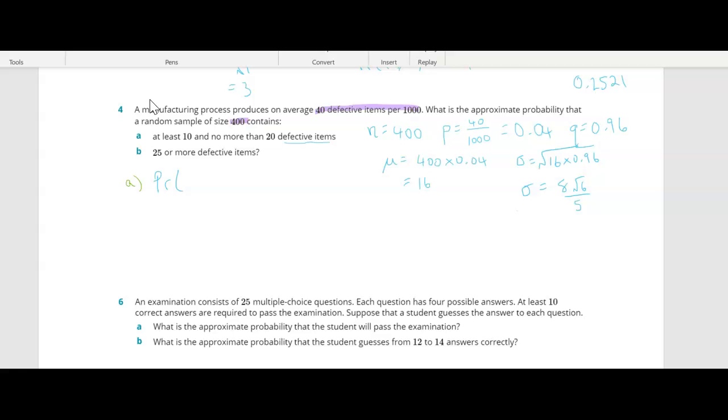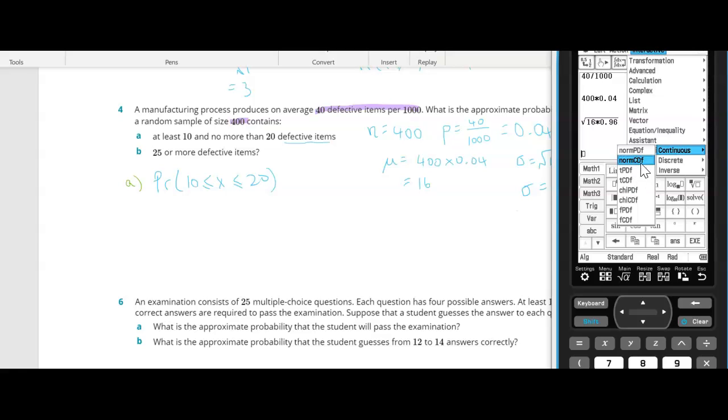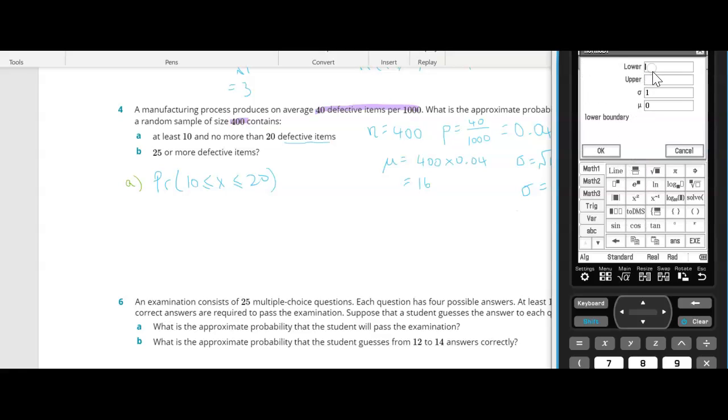So we want X greater than or equal to 10 and no more than 20. I think for questions 3 and 4 we probably should have used the binomial distribution, but if you did the binomial and I do the normal, you can see that they're pretty much similar.